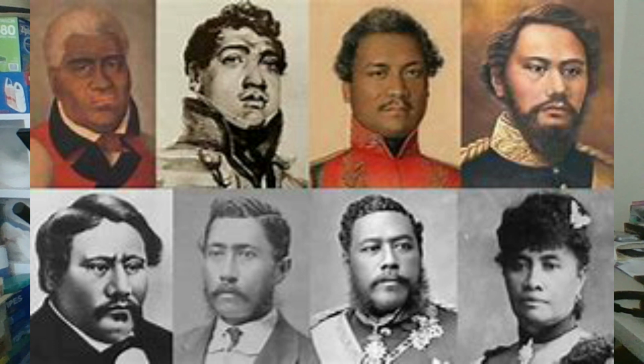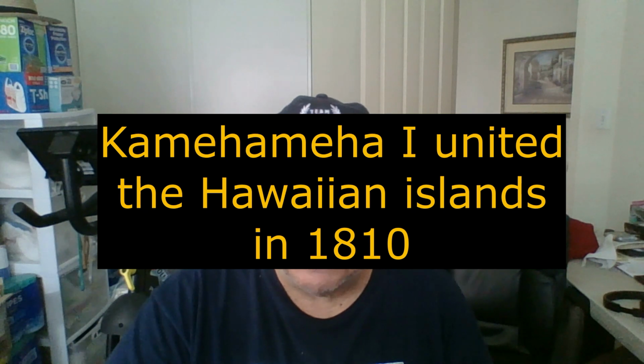Now, each one of these monarchs had something to contribute to Hawaii and the development of Hawaii. Very important. So let's begin with Kamehameha I, who united the Hawaiian Islands in 1810. That was the Battle of Nuuanu, when he pushed Kalanikupule's warriors over the cliff, the Nuuanu Pali Cliffs.